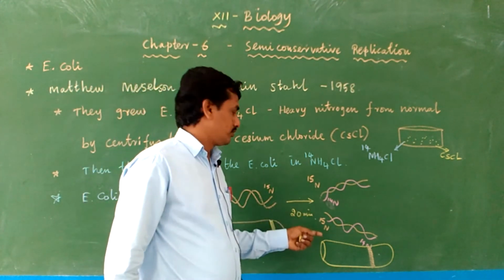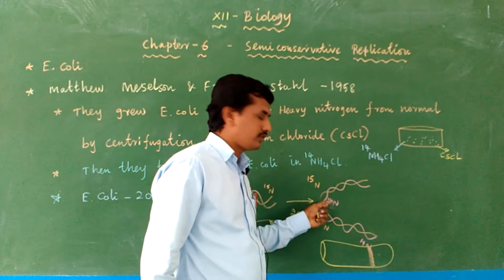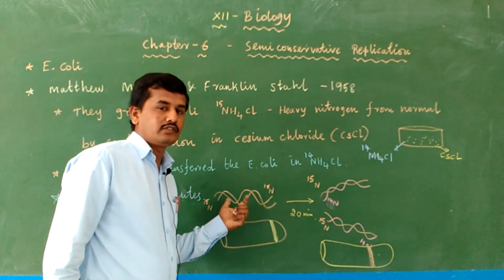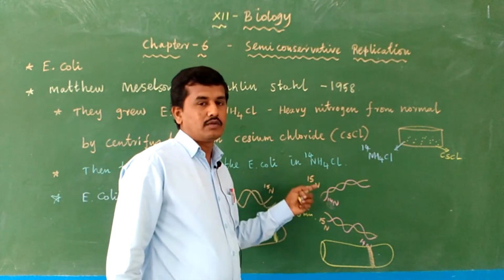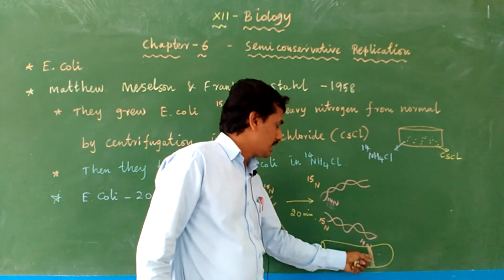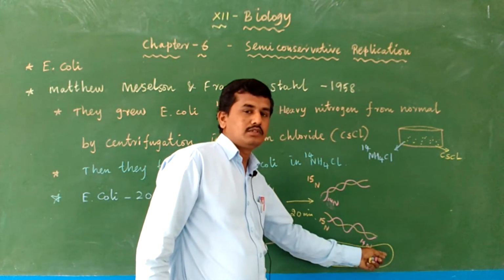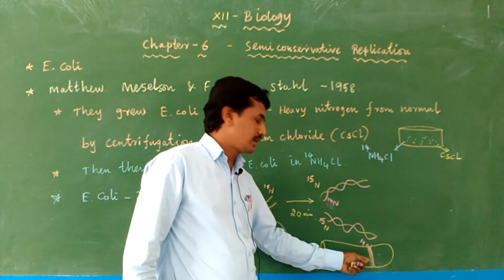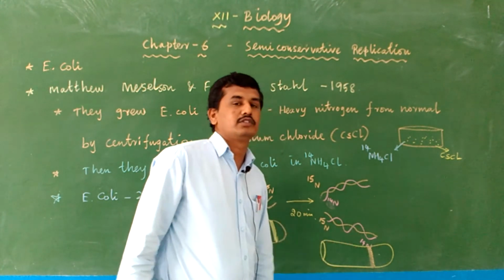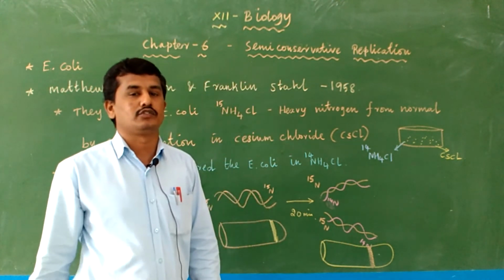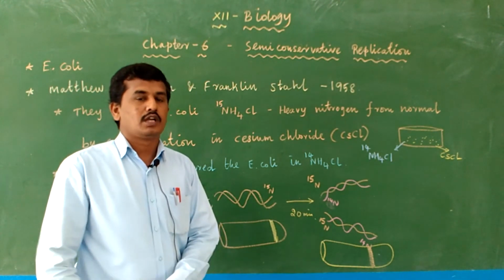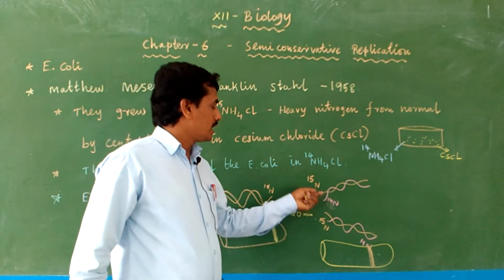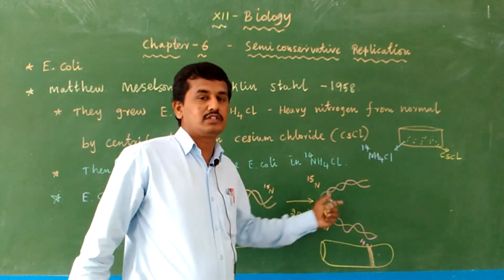Here the density is less as compared to the first case, because we have only 14, 15 present. So the DNA is not in the lower part; it is slightly extended to the 75% part of the test tube, because the DNA contains mixed 15 and 14 nitrogen bases.